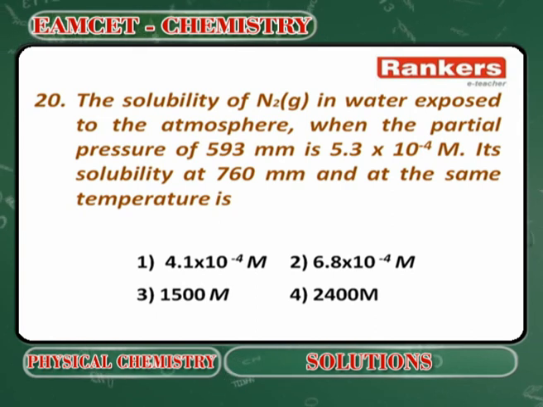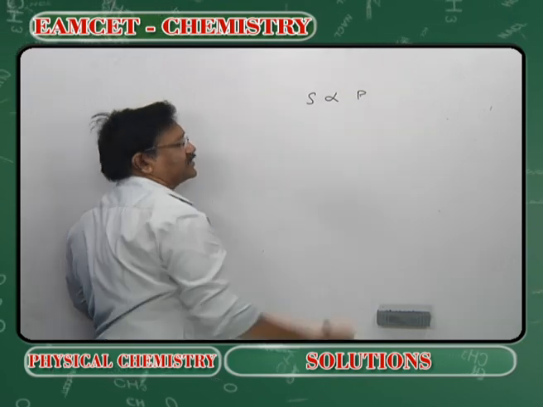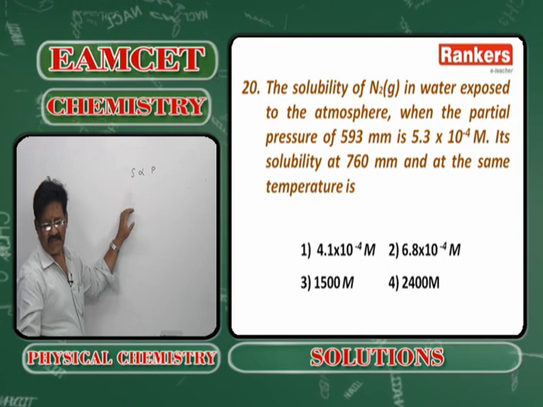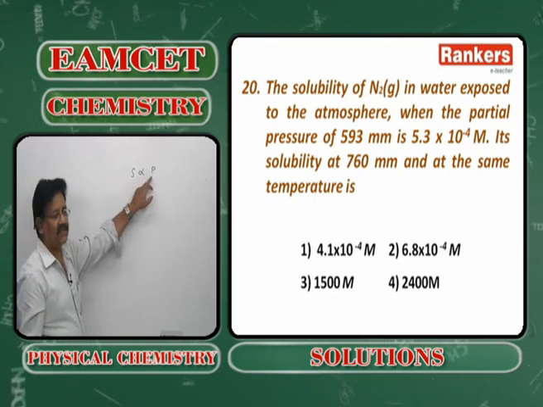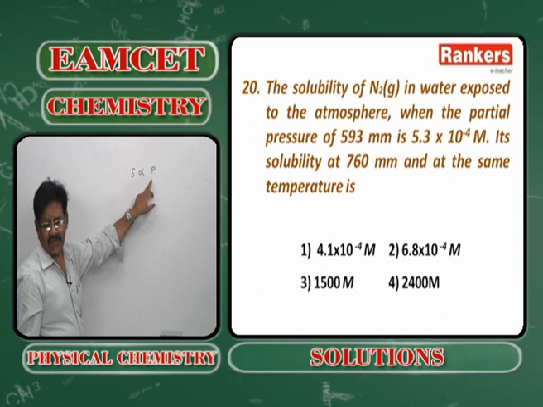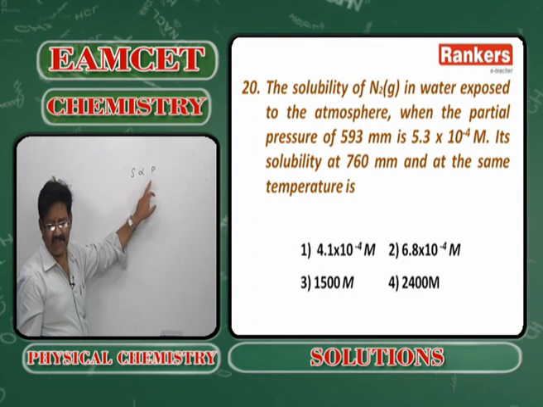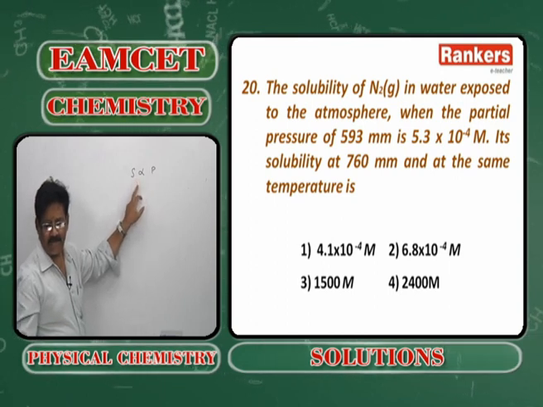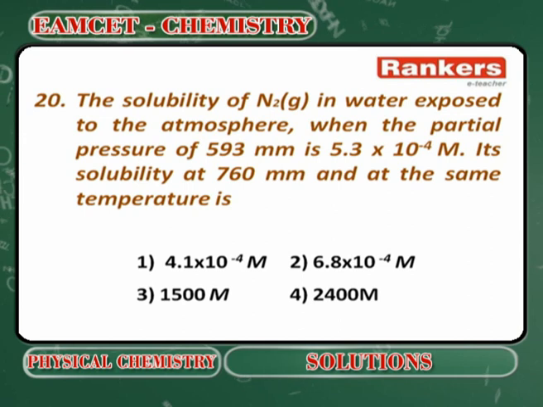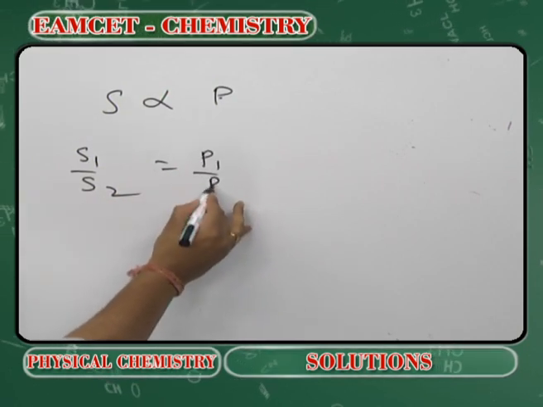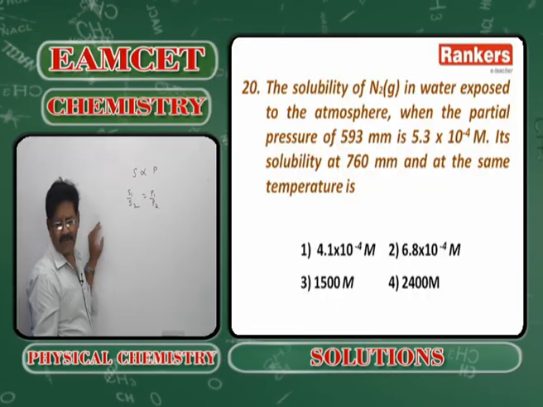In Henry's law, the solubility is directly proportional to the partial pressure, since the gas is the same, Henry's constant is the same, and the temperature is the same. So S1 by S2 will be equal to P1 by P2.